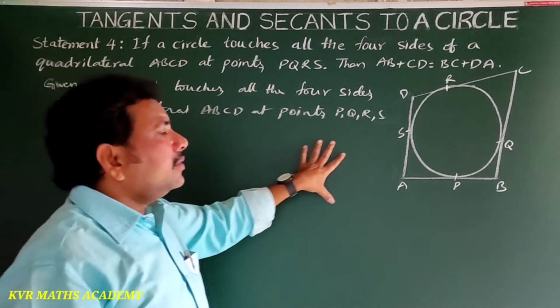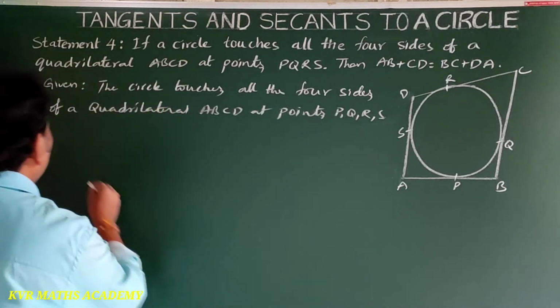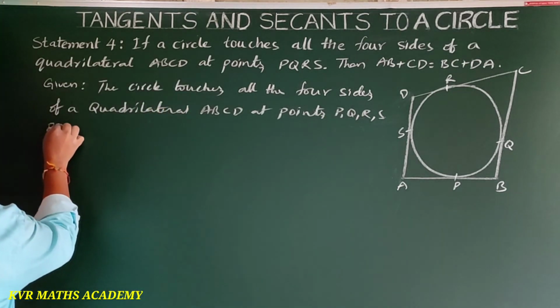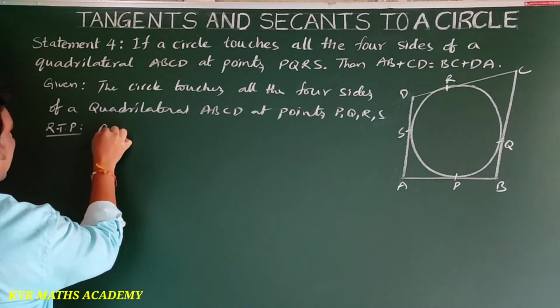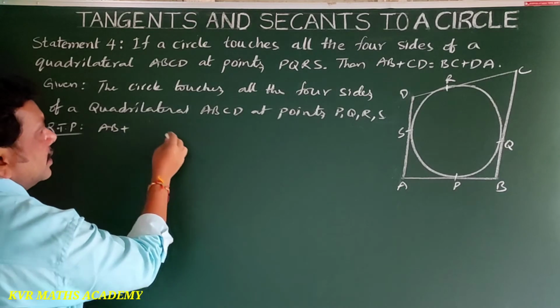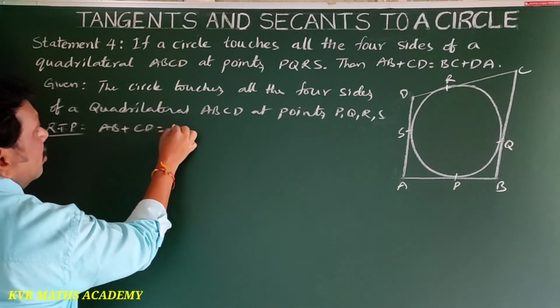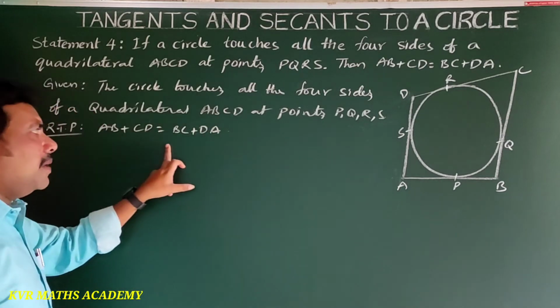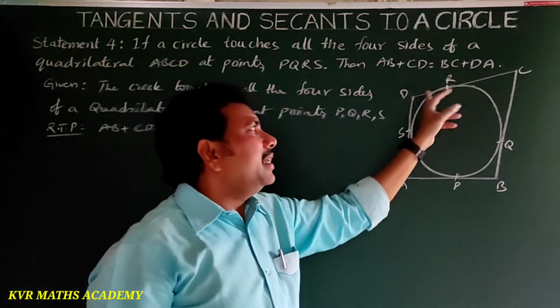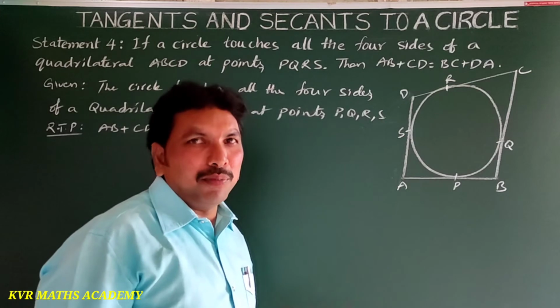So here what we have to prove? RTP. What we have to prove? AB plus CD is equal to BC plus DA. AB plus CD is equal to BC plus DA we have to prove.